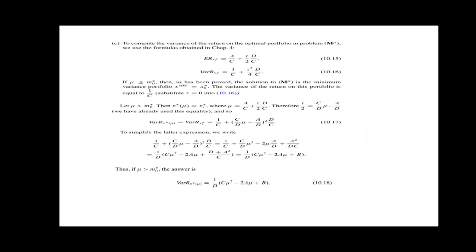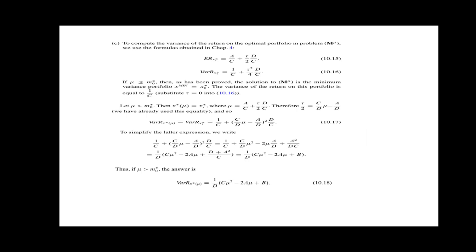The variance of the return on this portfolio equals 1/c. If mu is greater than m0*, then x*(mu) equals x_tau*, where mu equals a/c plus tau d/2c. Therefore tau/2 equals c/d mu minus a/d.